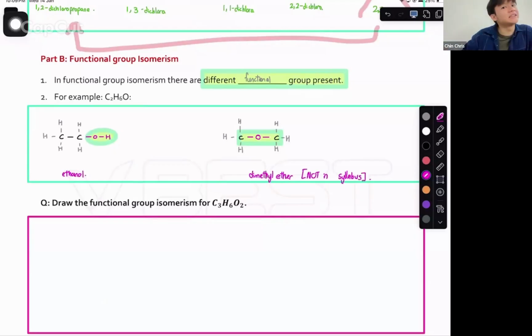But I just want you guys to know that this is a functional group isomerism. Okay, guys, please write it down. Ethan-1-ol or ethanol. There's no ethan-1-ol. So it's just ethanol, because there's no ethan-2-ol. You get me? It's just ethanol.